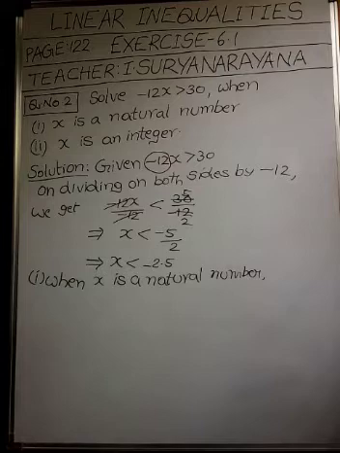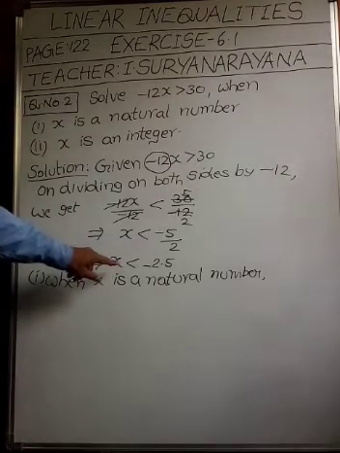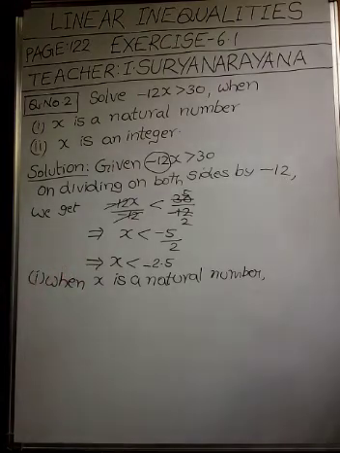Not at all. No natural number makes this inequality a true statement. Okay, my children. So if x is a natural number, then no natural number satisfies this inequality. So we say that there is no solution.